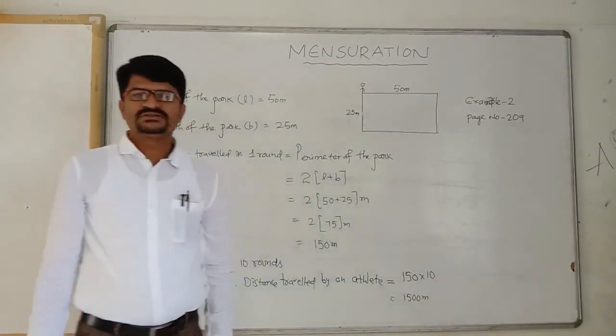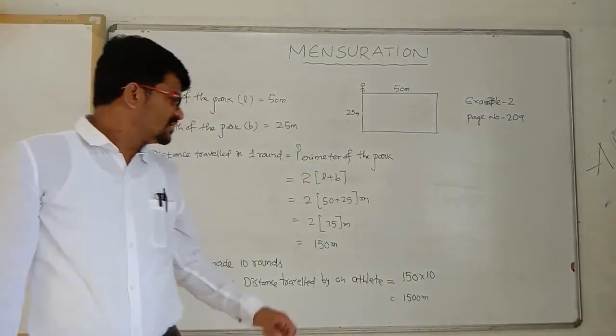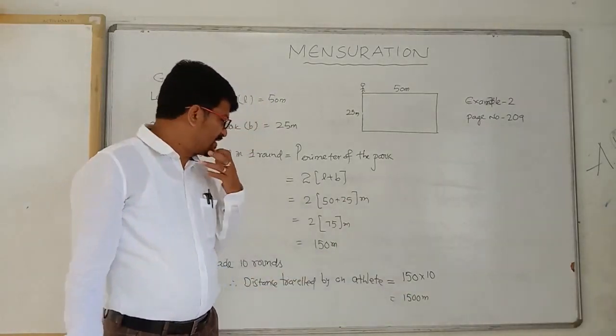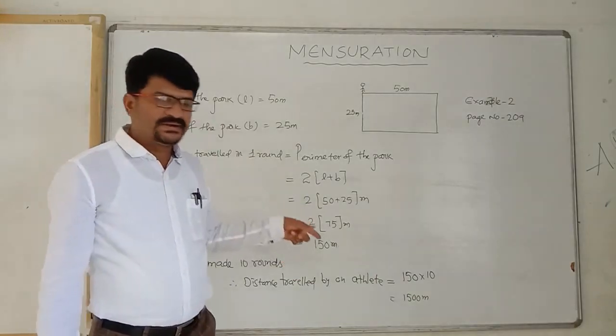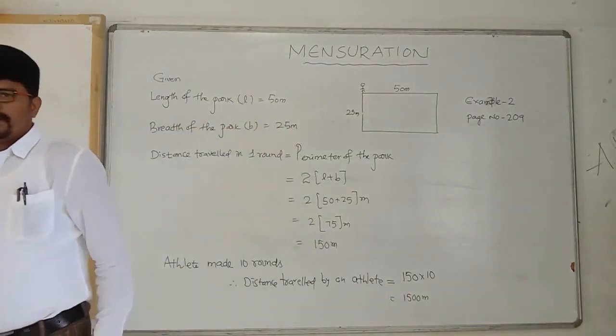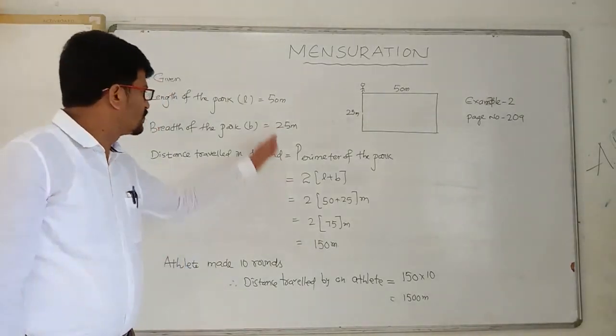How much distance does the athlete travel? 1500 meters. Why? Because for one round it is 150 meters, and he made 10 rounds, that is why 1500 meters. Okay children? Now write this, all of you.